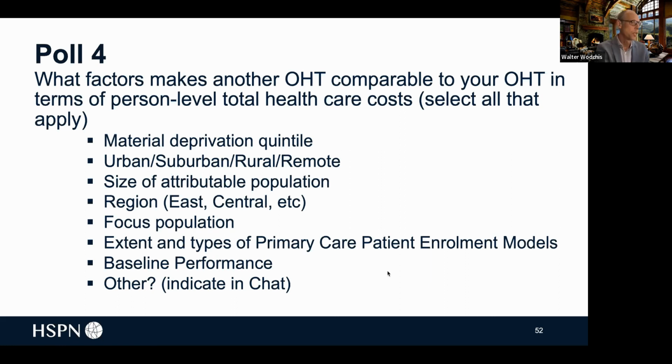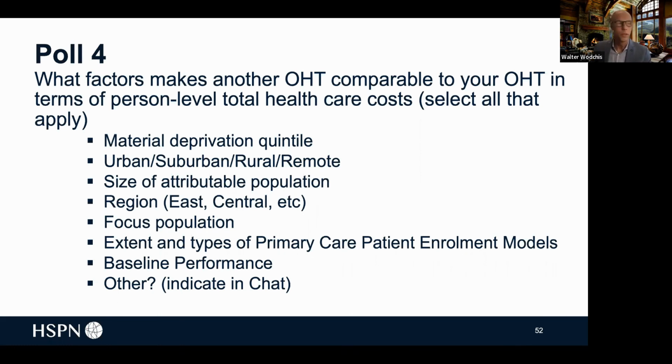If you could click in, you can click as many of these as you think are really important. We're starting to think about things that we should be thinking about in terms of grouping for total cost as well as others.